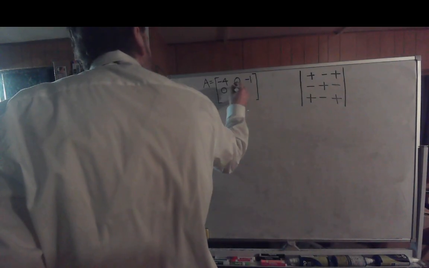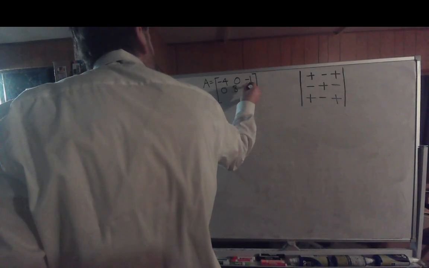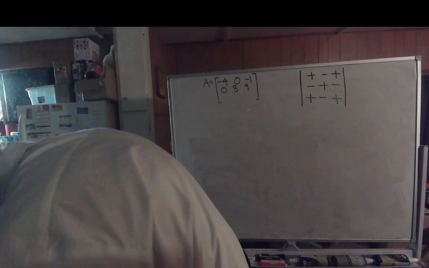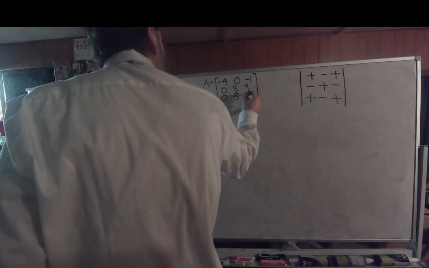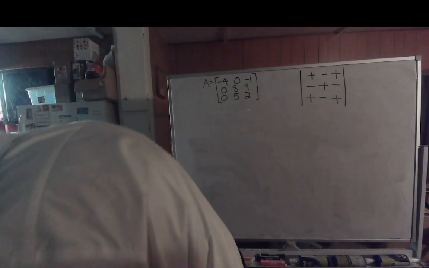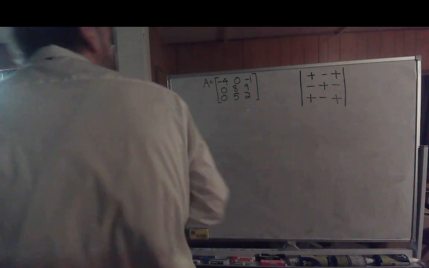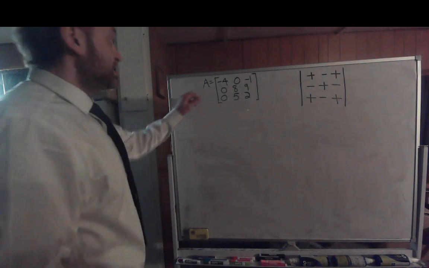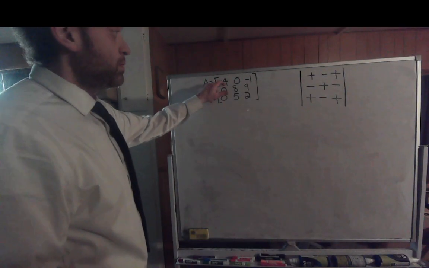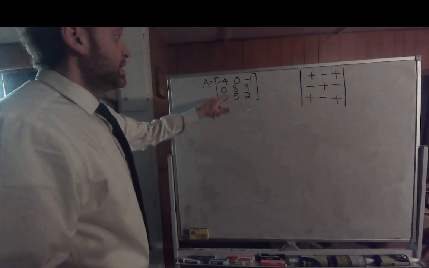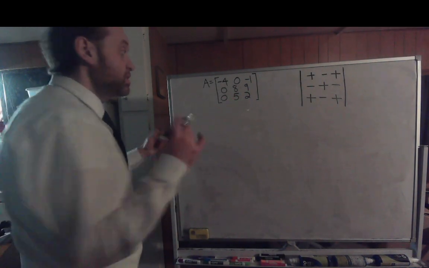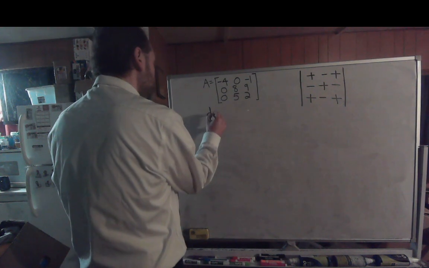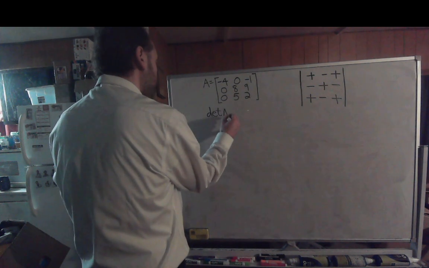Oh, really good one. All right, so matrix A has entries -4, 0, -1, 0, 8, 9, 0, 5, 2. So let's go ahead and set up our determinant notation for this matrix.